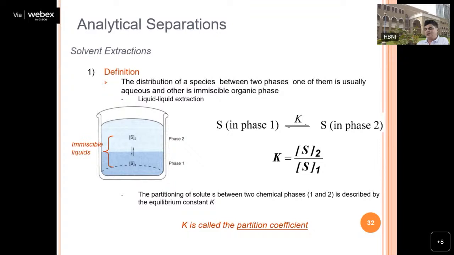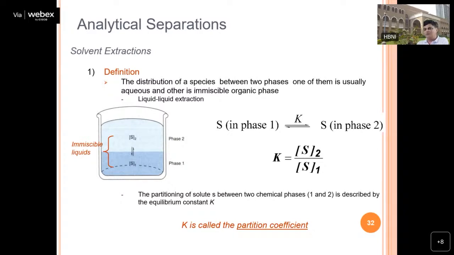This partition coefficient for various kinds of solvents is already well established in the literature. One can take the help of those partition coefficients and then look for the separation of the analyte by using solvent extraction.